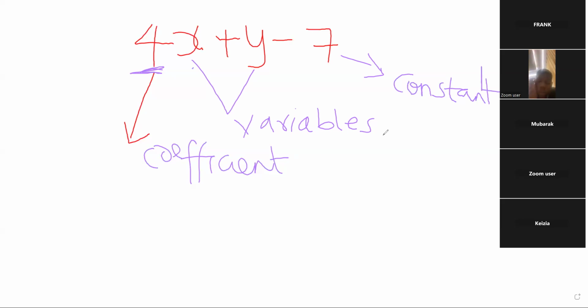So we have coefficients, variables, and constants. Those are the key terms we are going to use so far as algebraic expressions are concerned.